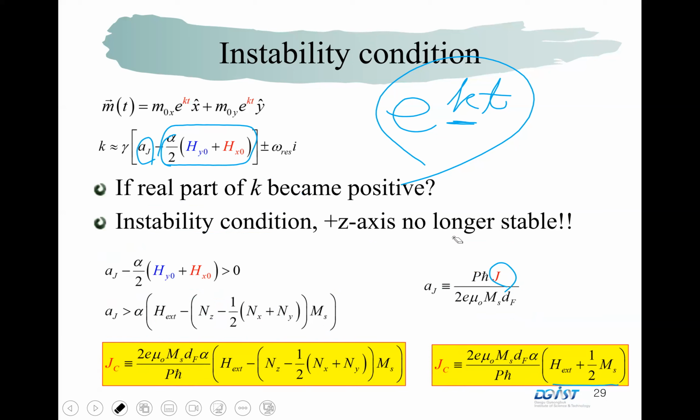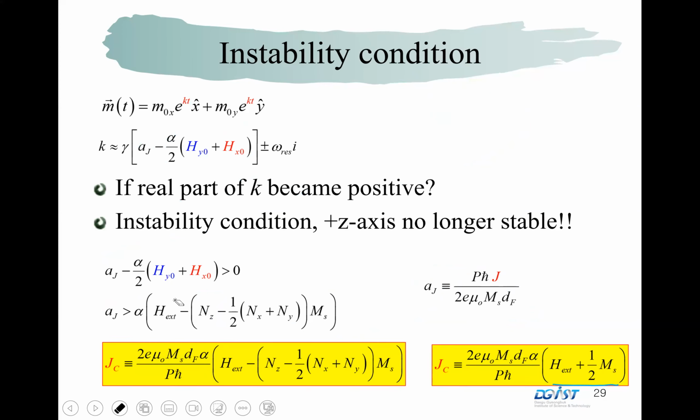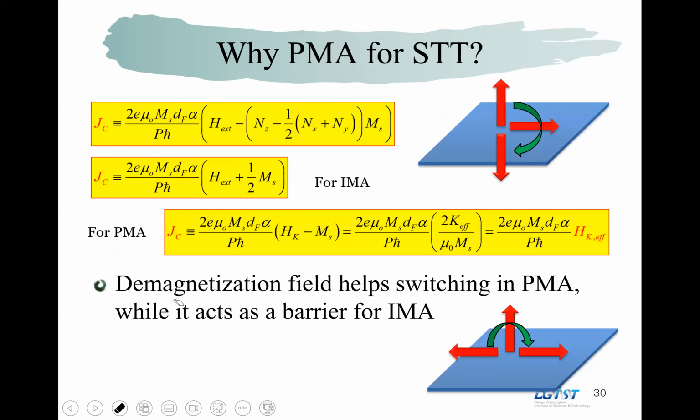Actually, this approach tells us many important things. So the JC for the in-plane magnetic moment case has this form for simplicity. But for the PMA material, we have an effective field for the film normal direction.